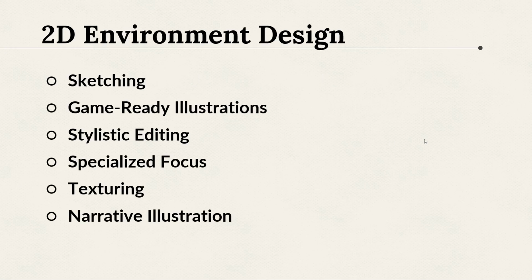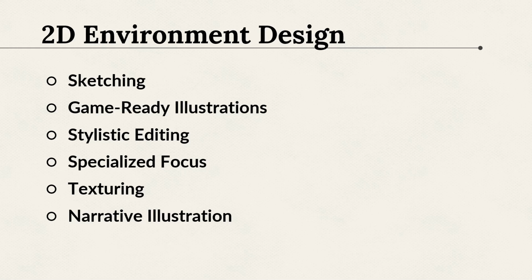When it comes to 2D environment design, many of the concepts that we have for 3D apply to 2D, but sometimes you use specific methods to create your design. There are 6 different design types that we have here: sketching, game ready illustration, stylistic editing, specialized focus, texturing, and narrative illustration.